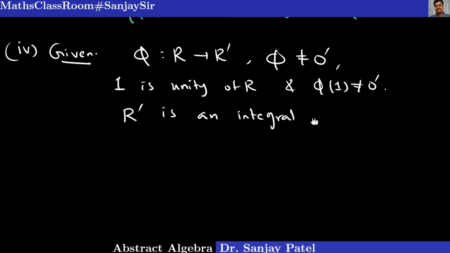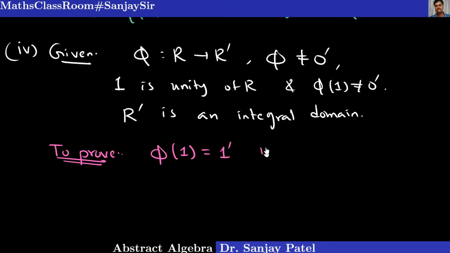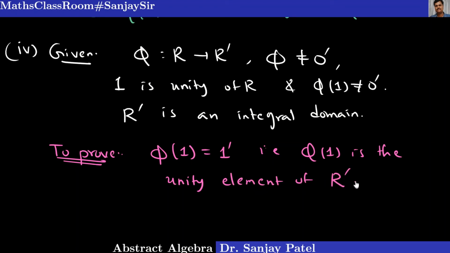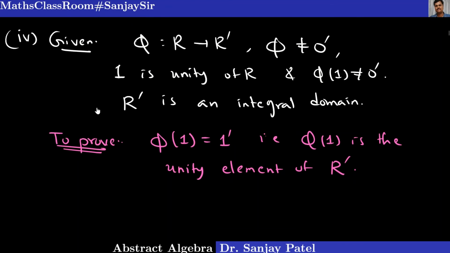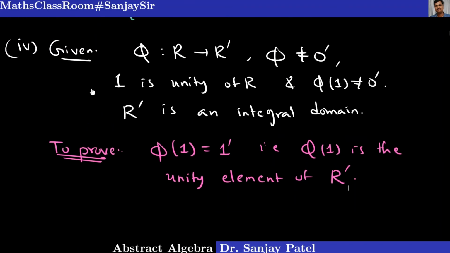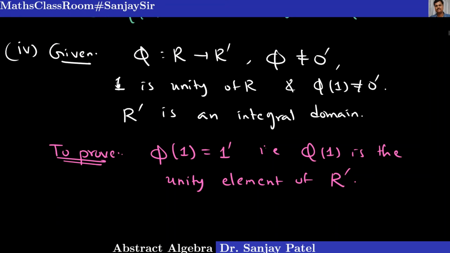In this case, we want to prove that phi of 1 is the unity element of R dash. To prove that phi of 1 is equal to 1 dash, that is, phi of 1 is the unity element of the codomain ring R dash. So remember, phi is a non-zero function here, first of all.